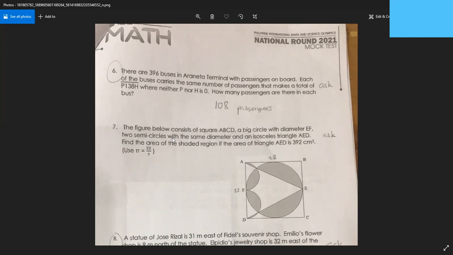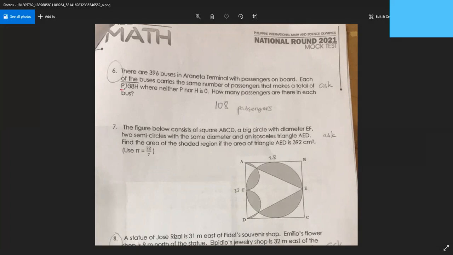So in here, what we're going to do is to divide P13H by 396, and we're going to use algebra. First thing to do is to write the numbers.